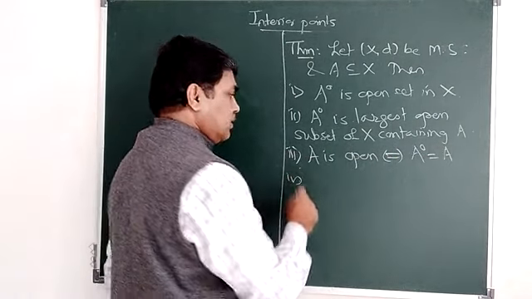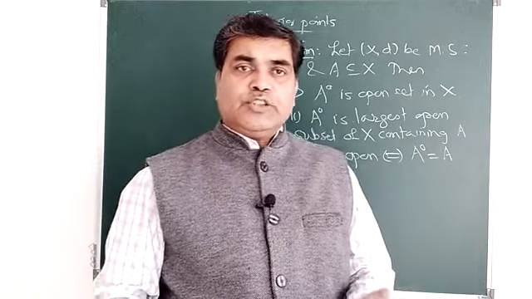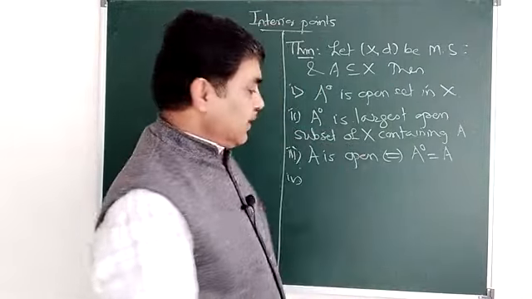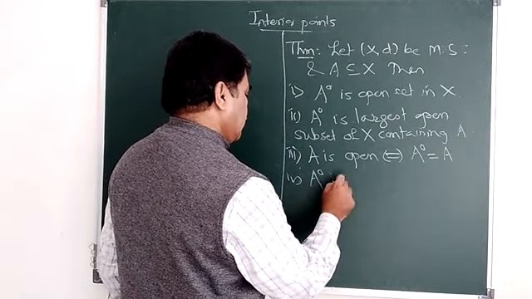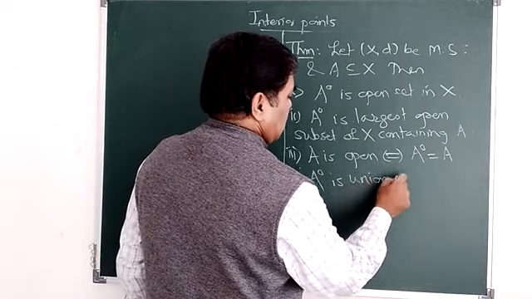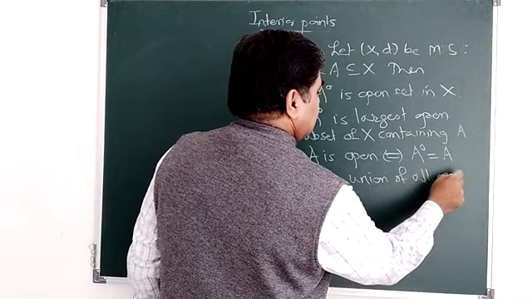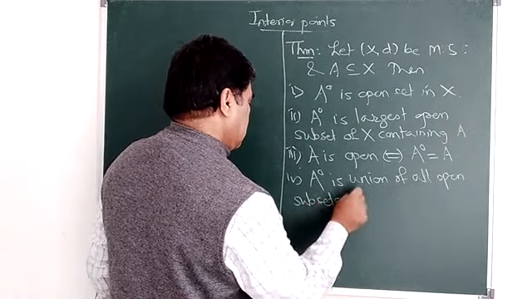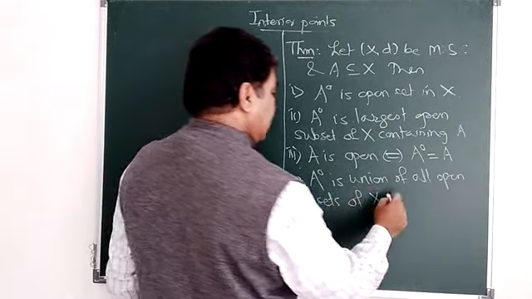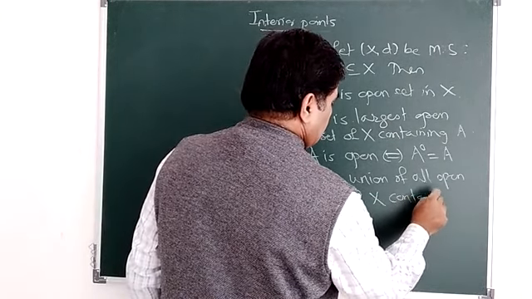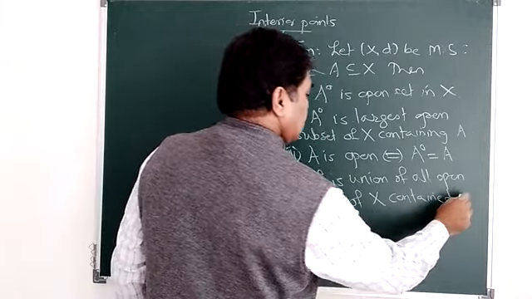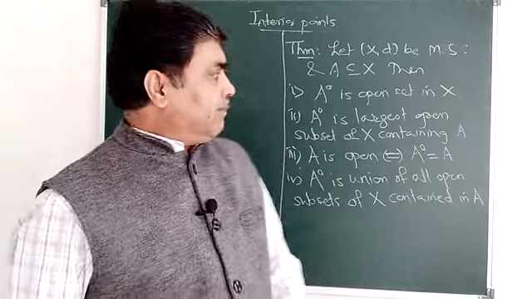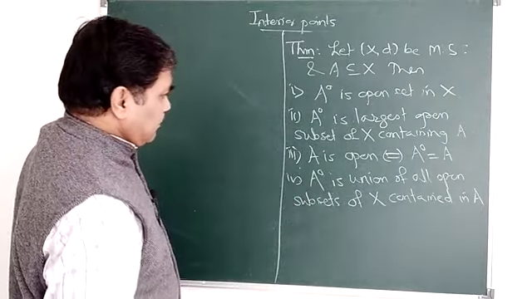And fourth, A interior is the union of all open subsets of X contained in A. So we'll prove one by one.